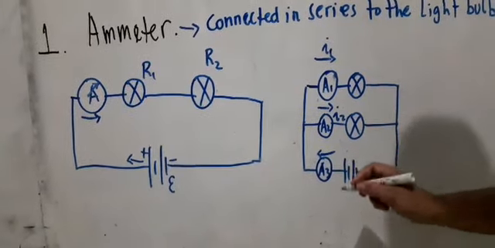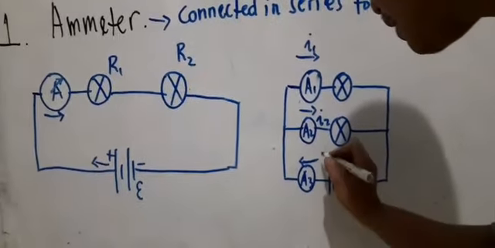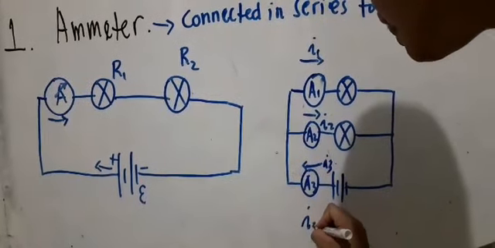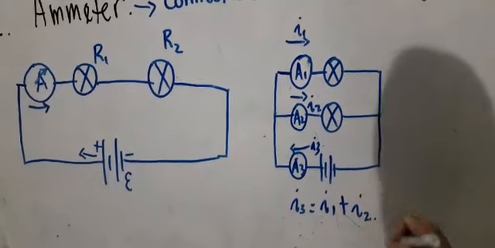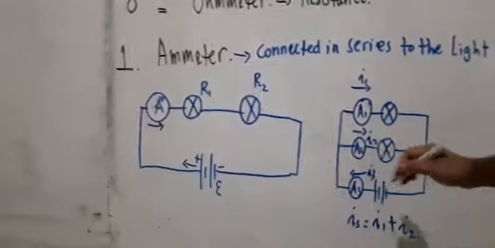Based on Kirchhoff's first law, the current I3 in here is equal to I1 plus I2. Okay, this is about current.